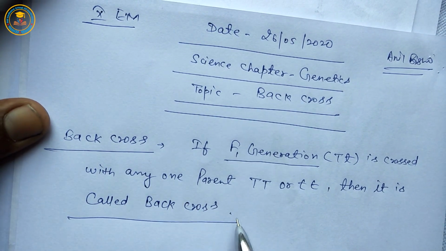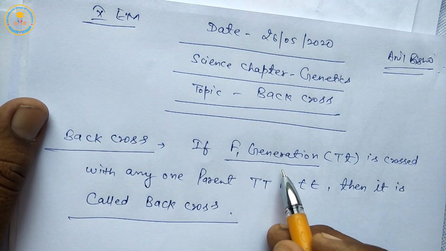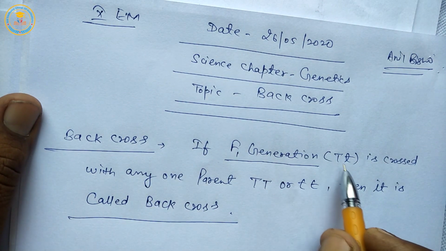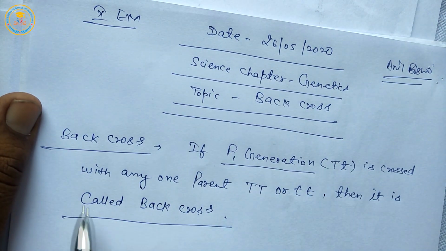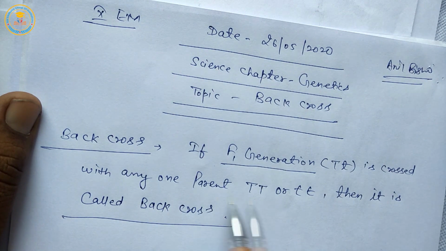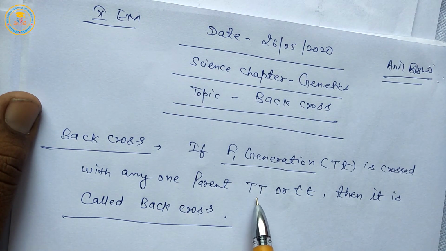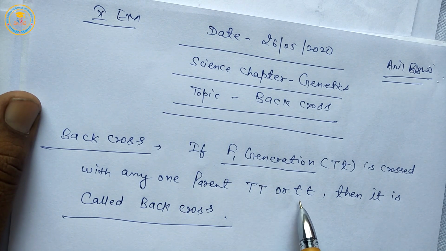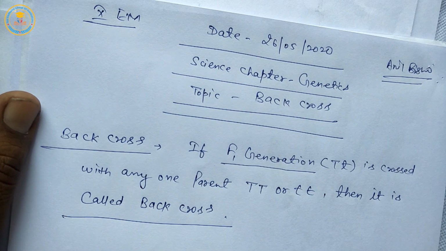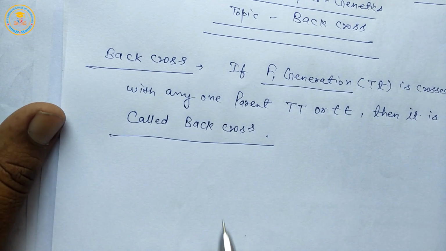Once again, if F1 generation, it means capital T small t, is crossed with any one parent like dominant homozygous, it means capital T, or recessive homozygous, it means small t, then it is called back cross.